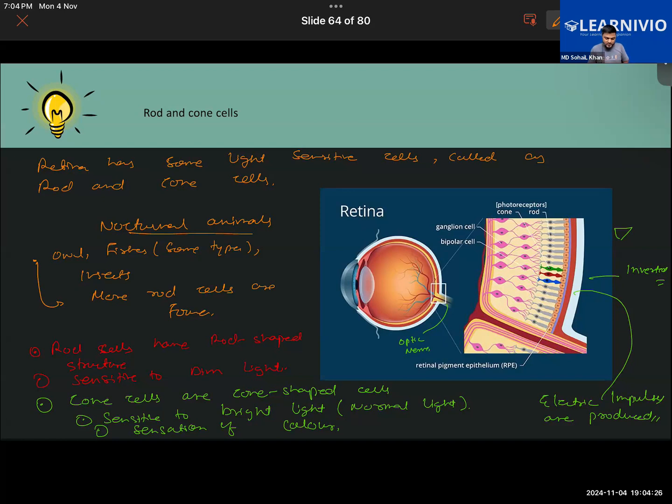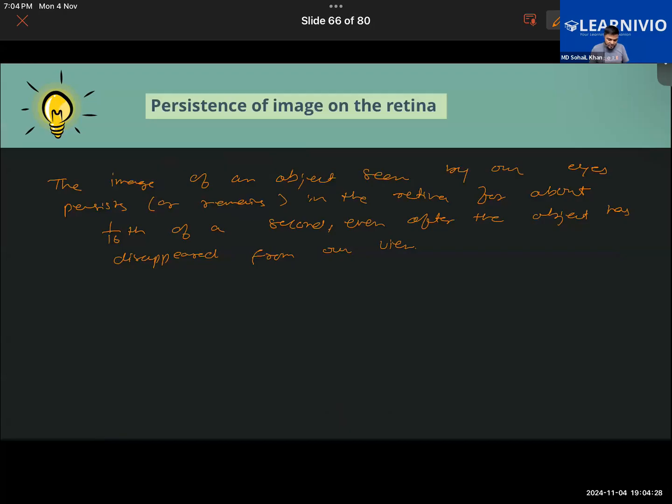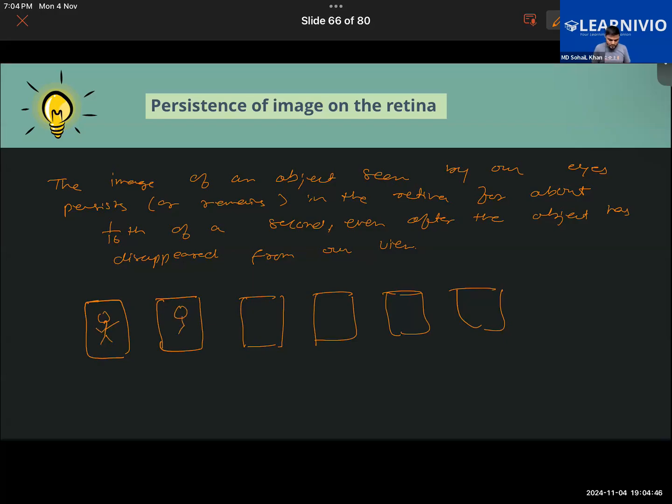Let me explain what I'm trying to say here. See, if I were to draw certain cartoon characters on some small card papers like this. Sir, like a flip book. Okay, flip book, exactly.